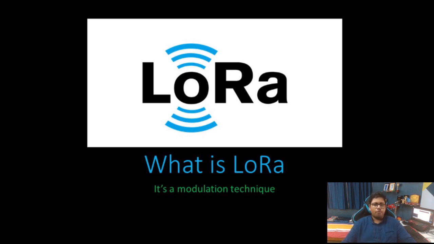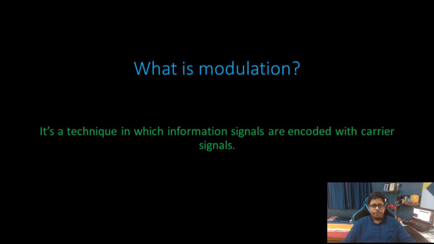But before that, what exactly is modulation? Well, modulation is a technique in which you encode the information that you want to send, that is the information signal, with the carrier signal, which will carry the information, and it gets transmitted.